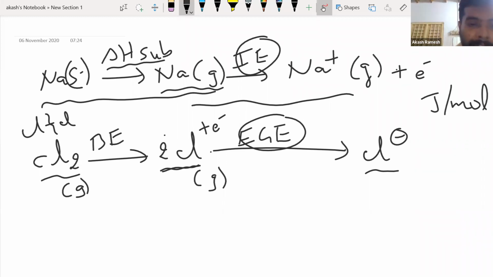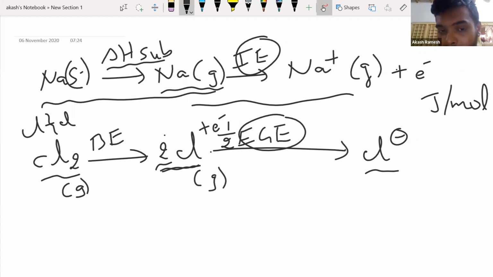But what you have here is 2 chlorine atoms, and I require only 1 of the chlorine atoms. So I don't have to supply the entire electron gain enthalpy. I have to supply only half the electron gain enthalpy value.